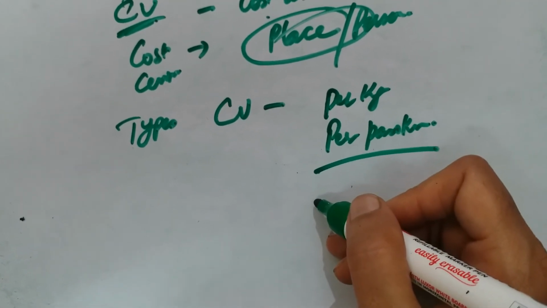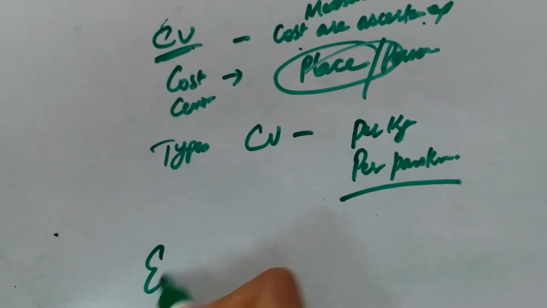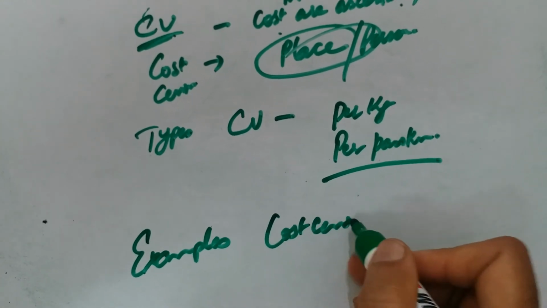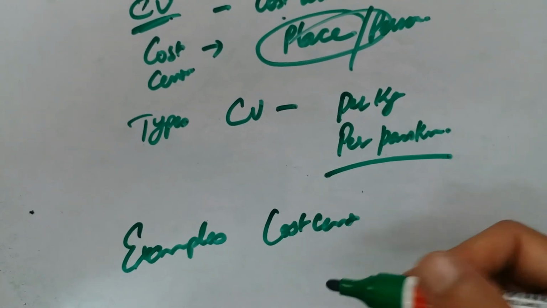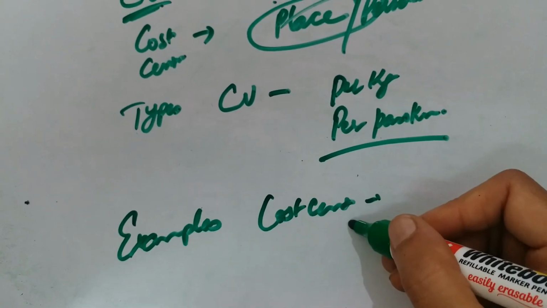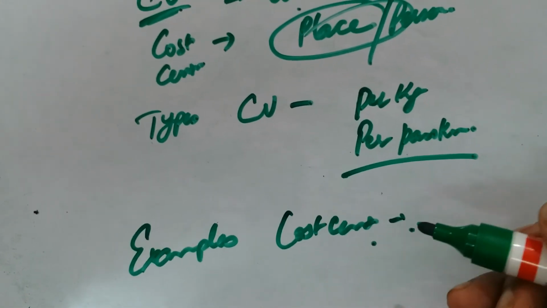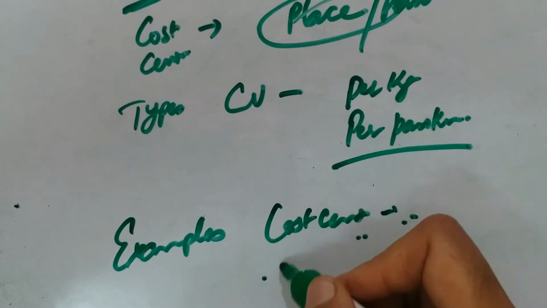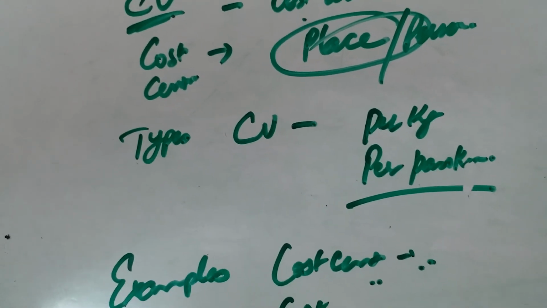Examples of cost centers are, as I told you earlier, the R&D department, stores department, production department, marketing department, they all can be cost centers. Even the repair and maintenance department, even a single supervisor, even a salesman can be a cost center. And what are the examples of cost unit? I have already given you. These are the examples of cost unit.